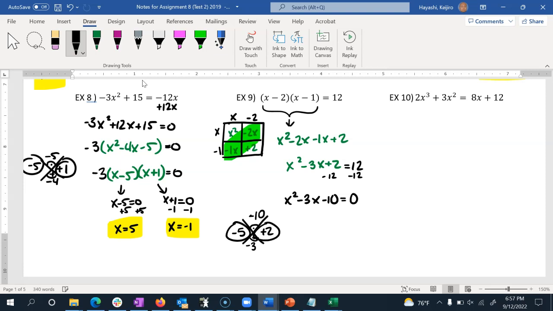And given that this is just a regular quadratic, we get x minus 5 and x plus 2, and that equals 0. Don't forget that this is an equation and that equals 0 is there, at least now.